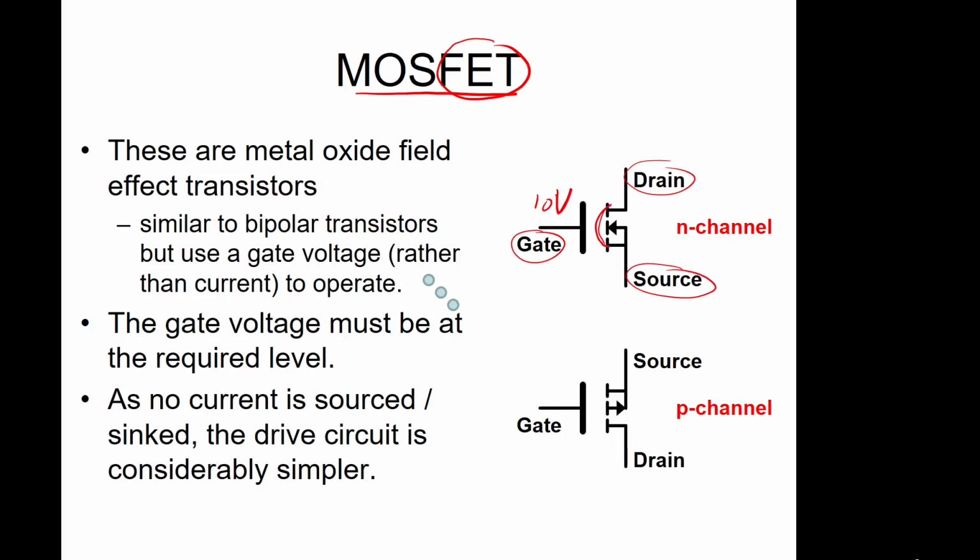So these are voltage operated rather than current operated transistors. Because of that, they're conceptually easier to use, because we don't have to worry about sourcing or sinking current in our circuit. All we have to do is generate a voltage at this gate in order to operate the transistor. So MOSFETs tend to be higher or better performing transistors compared to their bipolar counterparts.